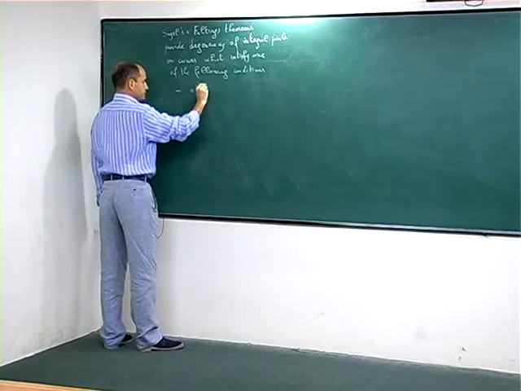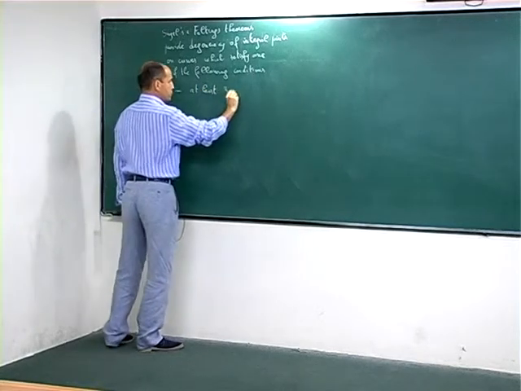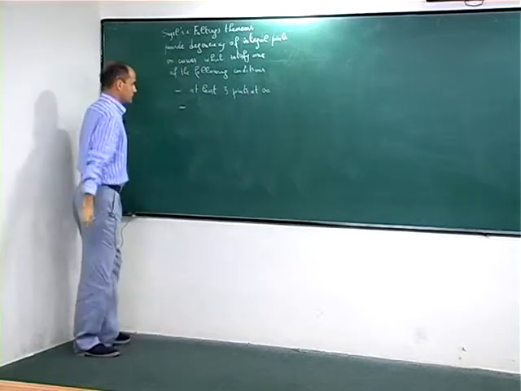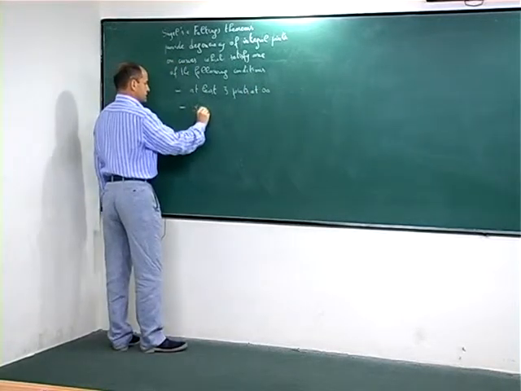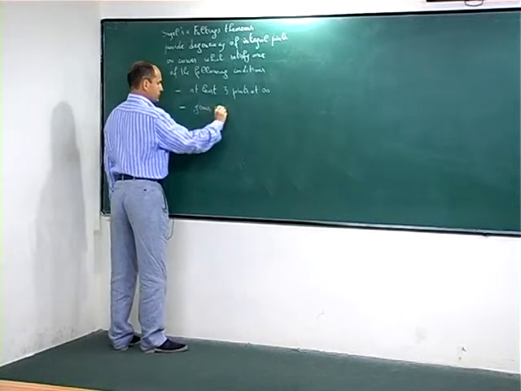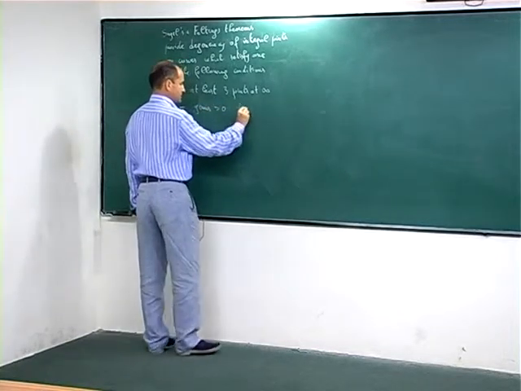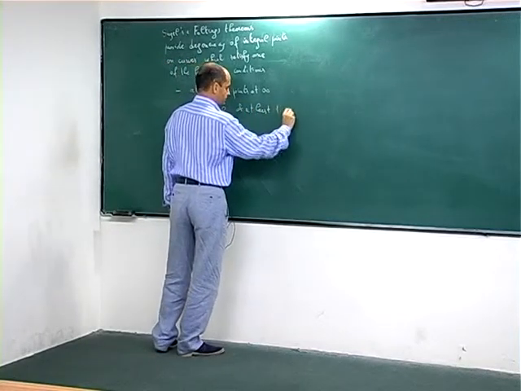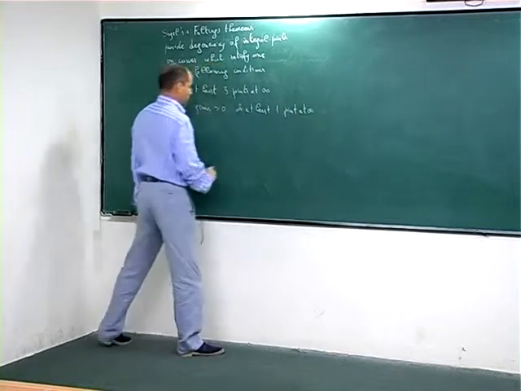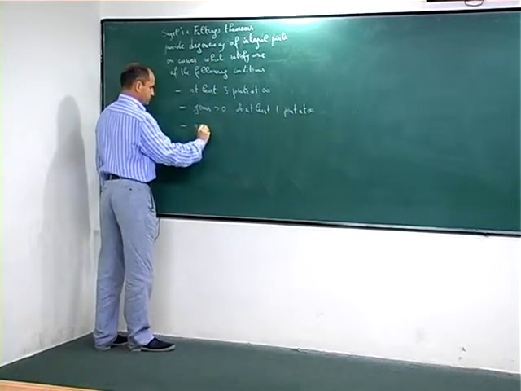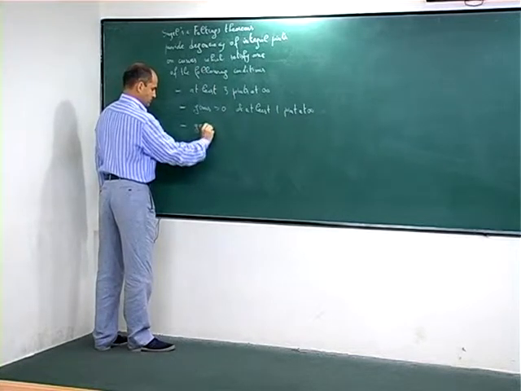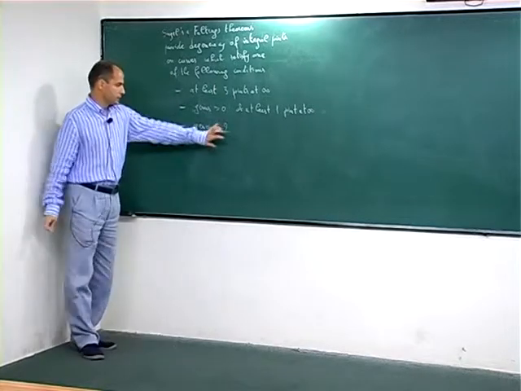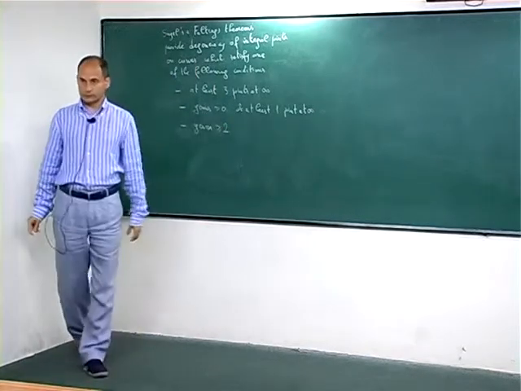So, at least 3 points at infinity. Second condition, genus strictly positive and at least 1 point at infinity, or genus at least 2 and even no points at infinity.